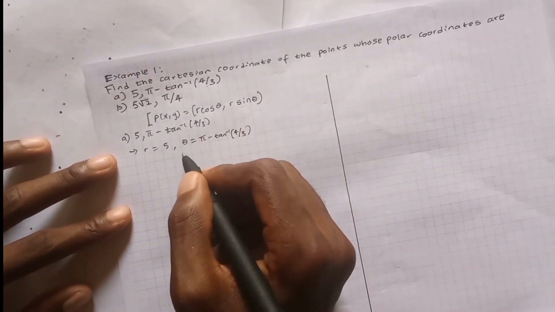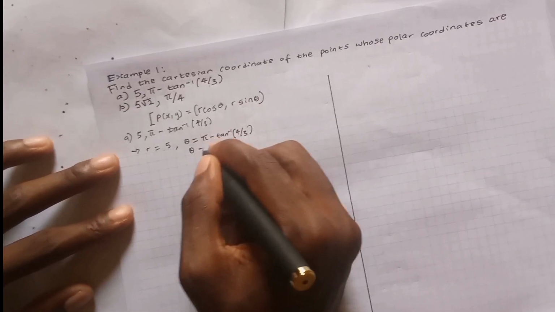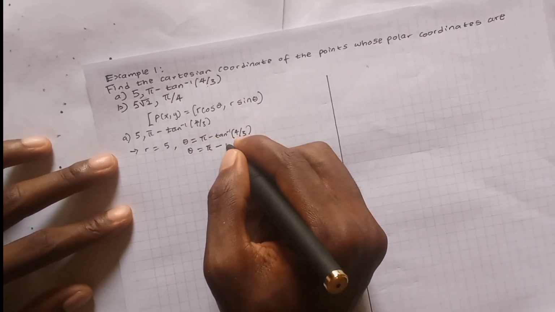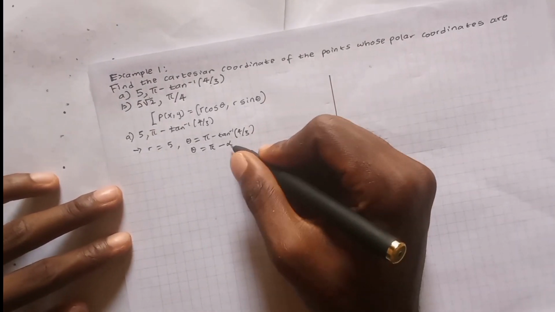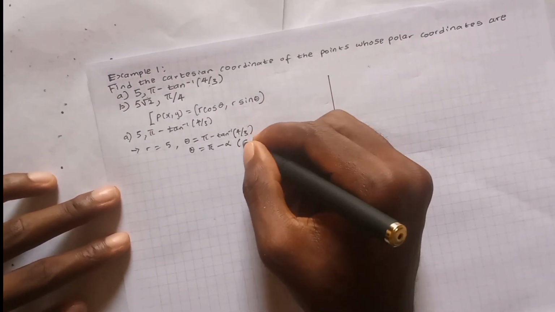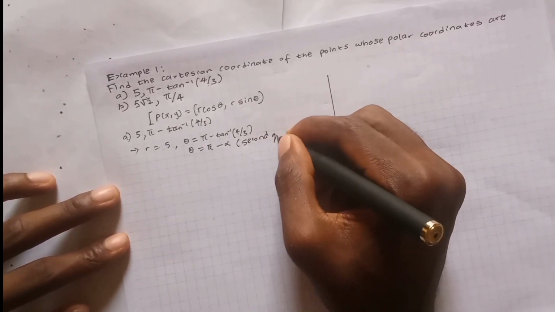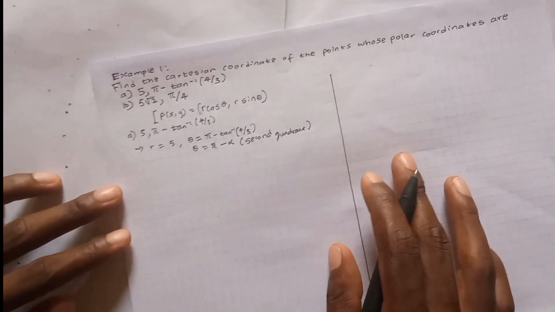But now, this theta is in the form theta equals pi minus alpha. And we know that pi minus alpha is in the second quadrant, right?